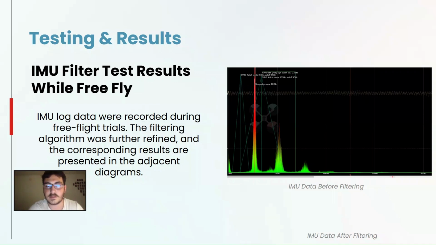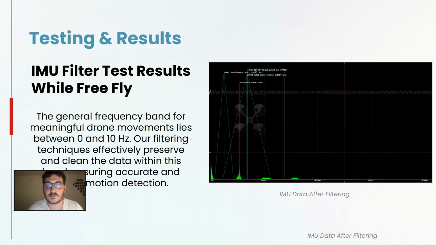The table on the right side shows the data before filtering, and as you can see, there is significant noise caused by the motors. Since the meaningful frequency of the drone movement is between 0 and 10 Hz, it is evident in the graph that once filtering is applied, the motor noise is efficiently suppressed.